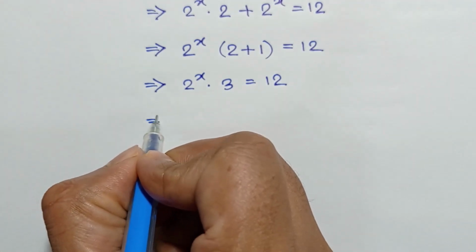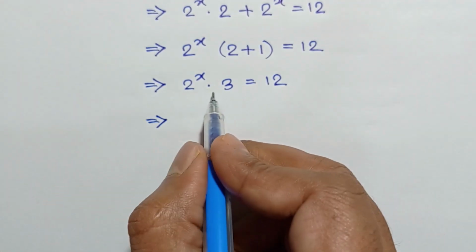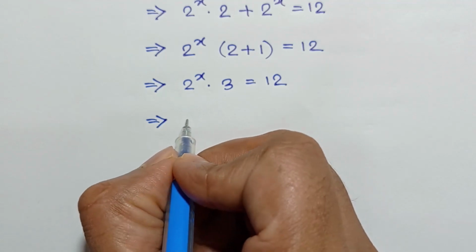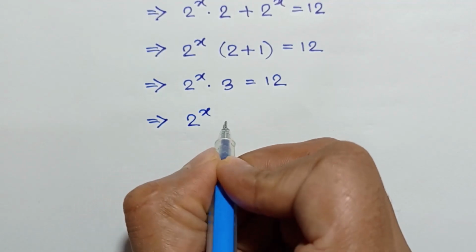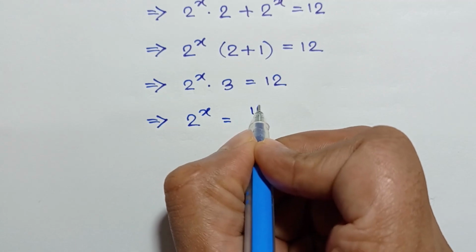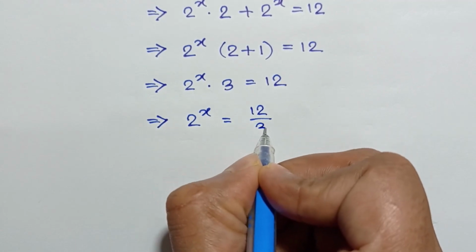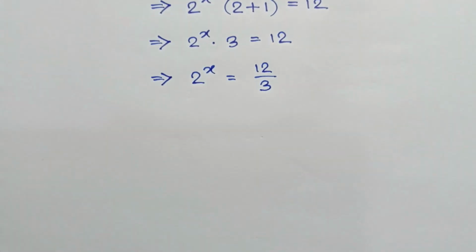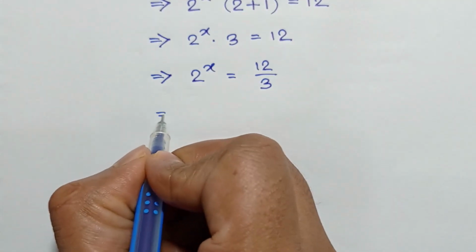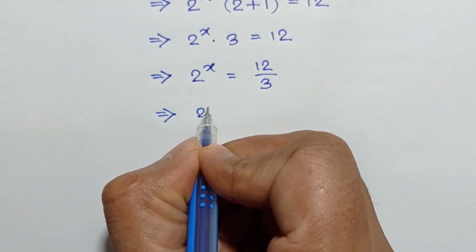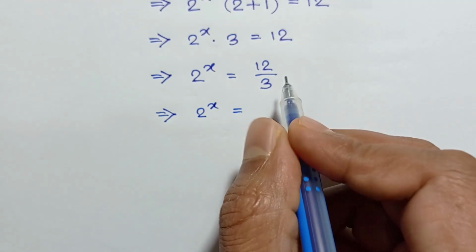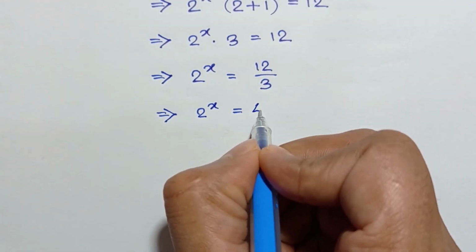Or, if we divide both sides by 3, we can write 2 to the power x is equal to 12 over 3. Or, 2 to the power x is equal to 12 over 3 is equal to 4.